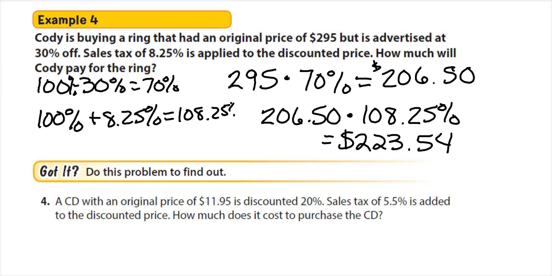They're going to charge an additional 8.25%, which means we're actually paying 108.25% of the discounted price of $206.50. Then the actual receipt will say that he paid a total of $223.54. All right, go ahead and try the got it question on your own, and let's see how we do on that one.